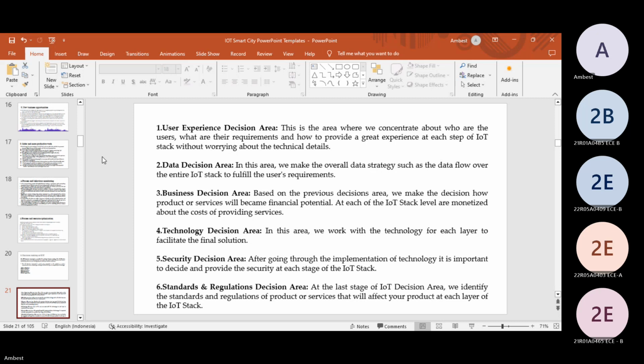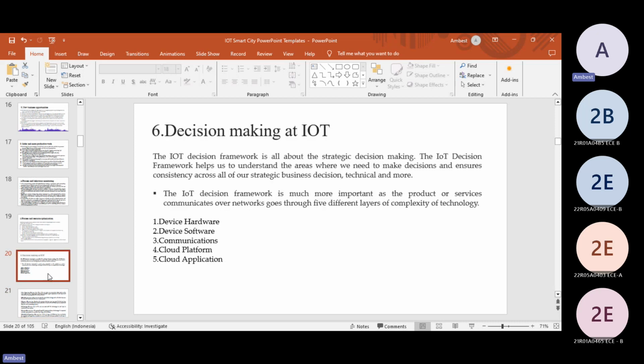Okay. The user experience decision area, the data decision area, the business decision area, the technology decision area, the security decision area, and the standards and regulation decision area. These are the main decision-making areas. So we have these five framework points.